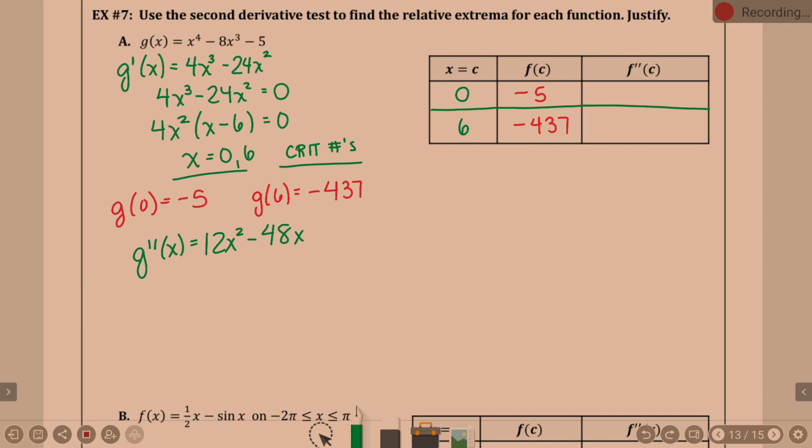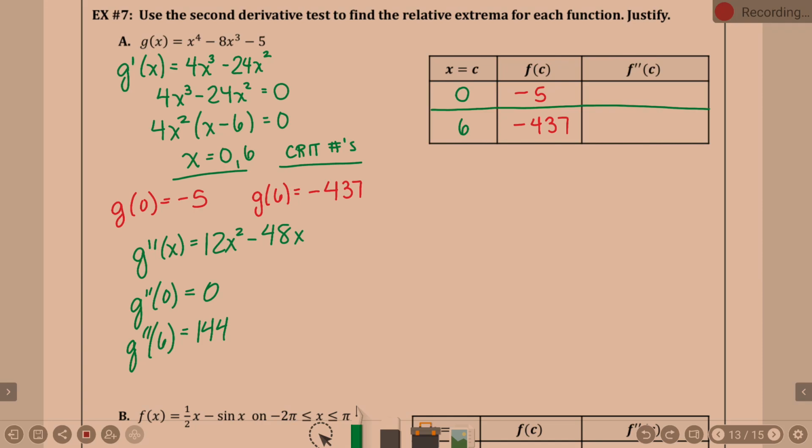So now what is the value of the second derivative at the critical values from above? The second derivative at 0 is 0. The second derivative at 6, my book says 144.